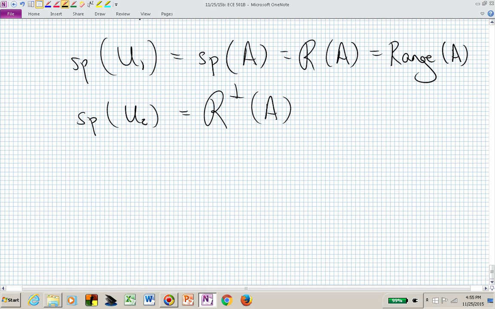And V is now going to be a 4 by 4 matrix.